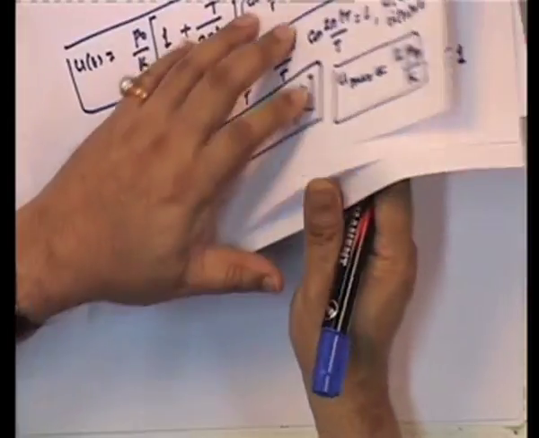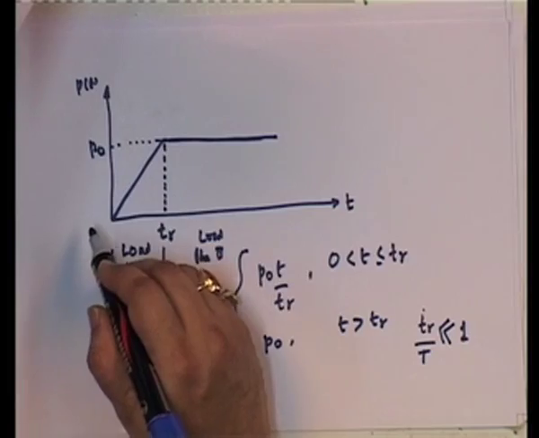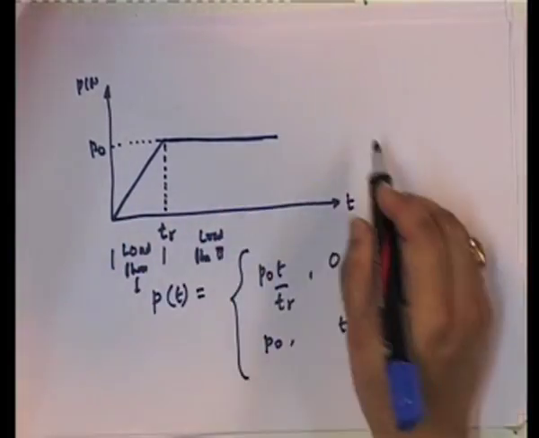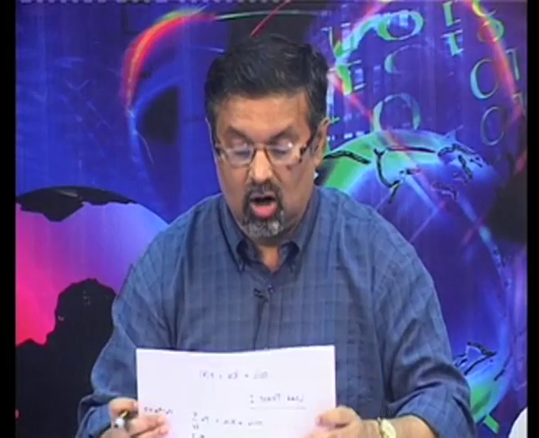So, note something, that just by setting up the rise time, I am saying that one rise time is really fast, and the other rise time is very slow. t_r by T tends to infinity. Actually, it does not tend to infinity, it is just long enough. Okay. If it is long enough, then what happens?